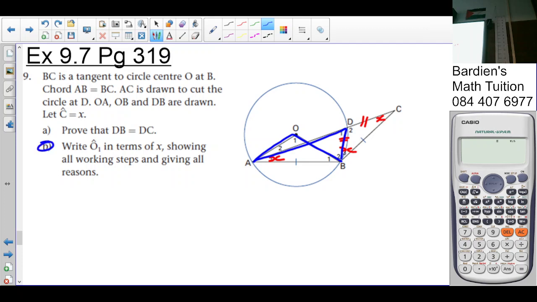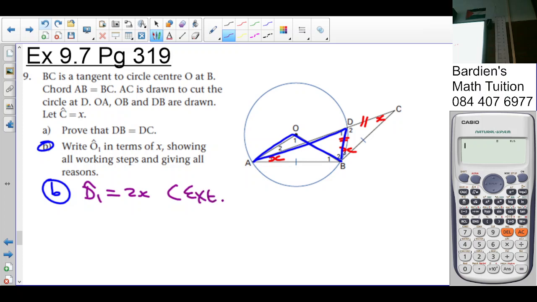Okay, but D1 is equal to what? Is that not the exterior angle of a triangle? Exterior angle is equal to the sum of two interior opposite angles.